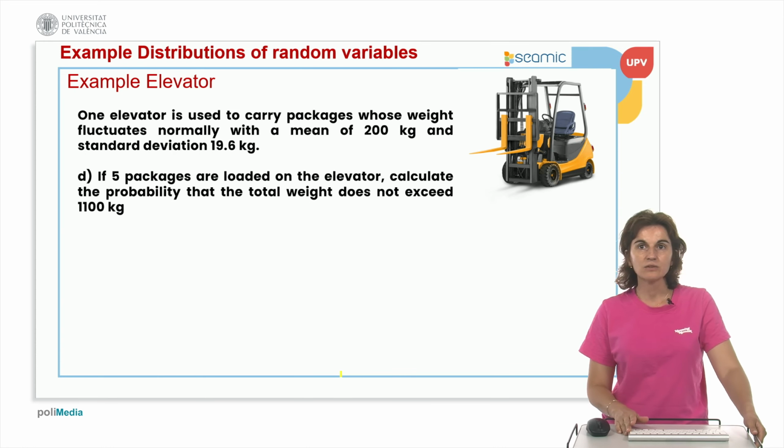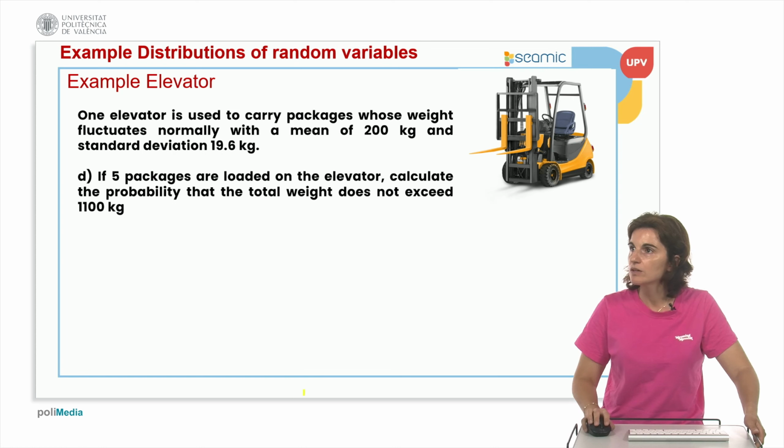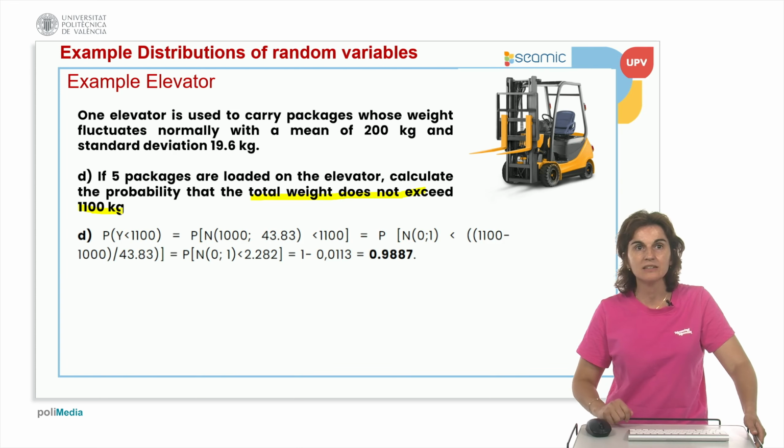There is another question that we're going to answer before we leave this example, using this new variable we just created. Now, we're going to find the probability that the total weight does not exceed 1100. It seems to be very difficult, but indeed it is not.